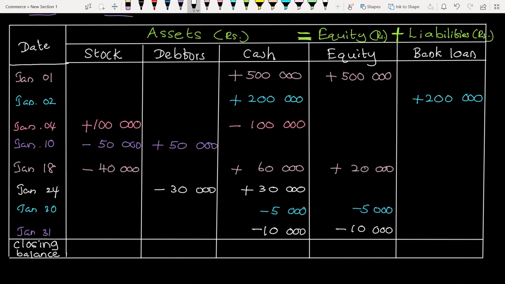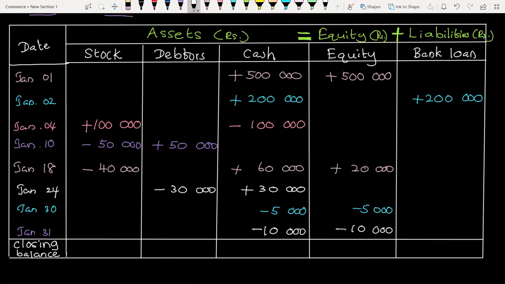Now, what is the closing balance of the stock column? First of all, we can see that there is a plus 100,000. Then in the next transaction, there is a minus 50,000. So this means the value of stock increases by 100,000. And because of the next transaction, the value of the stock decreases by 50,000.